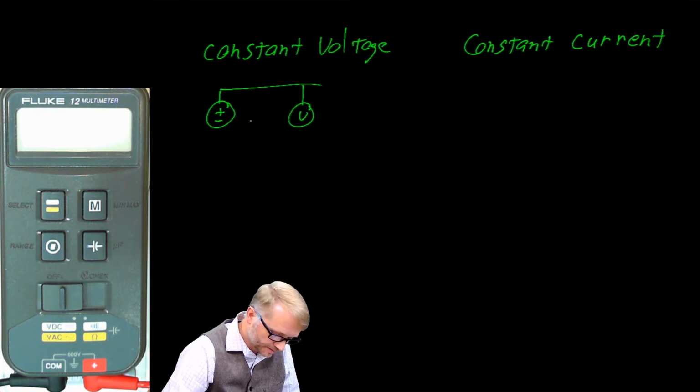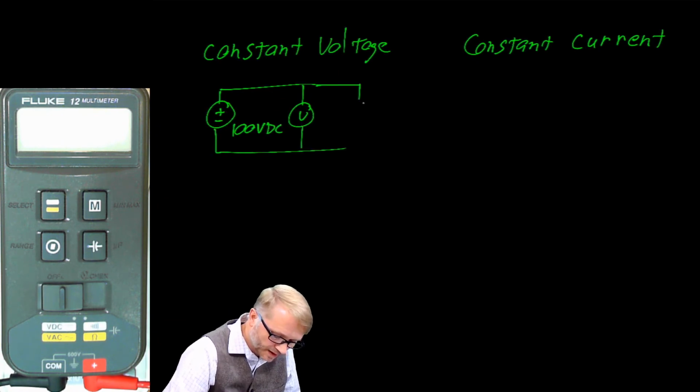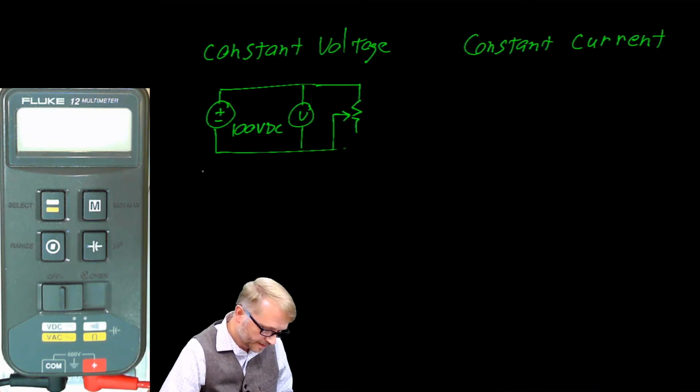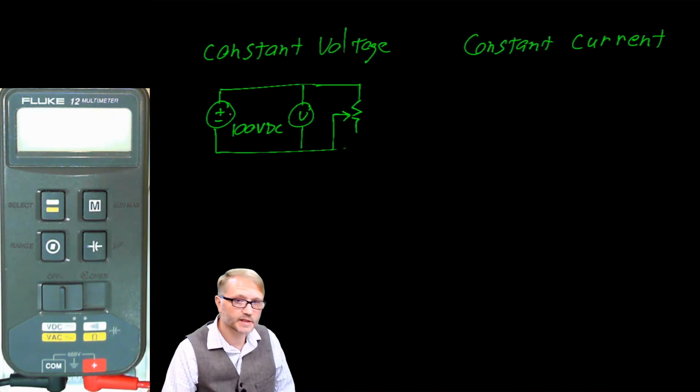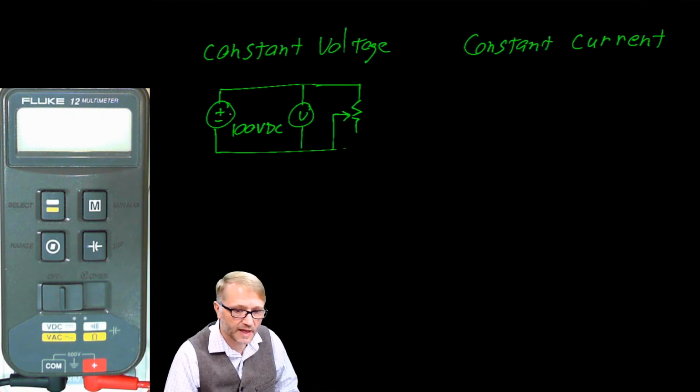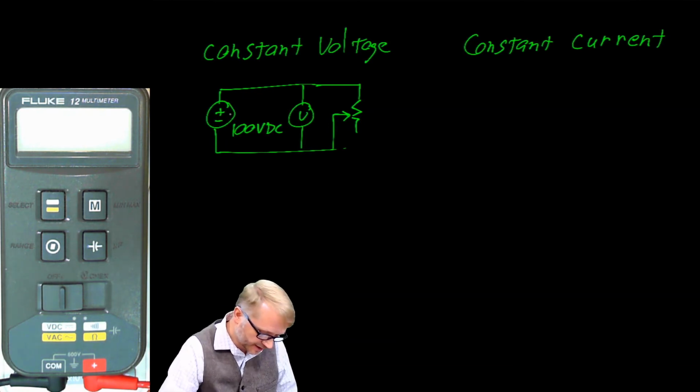We have a source of 100 volts DC, a voltmeter, and a load that we can change, so a variable load. The constant voltage supply will do whatever is necessary to keep that voltage constant, which means it will provide whatever current is necessary.